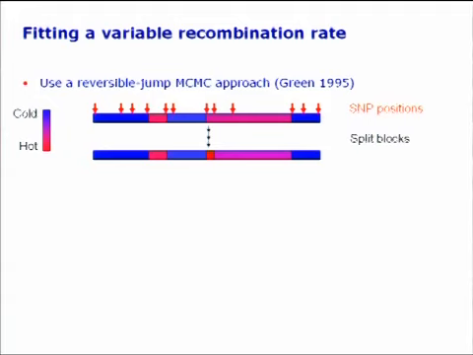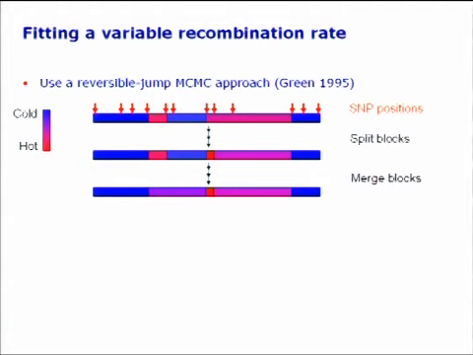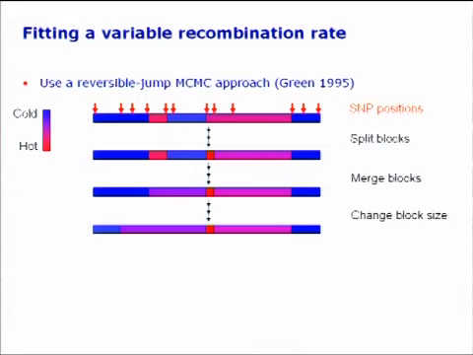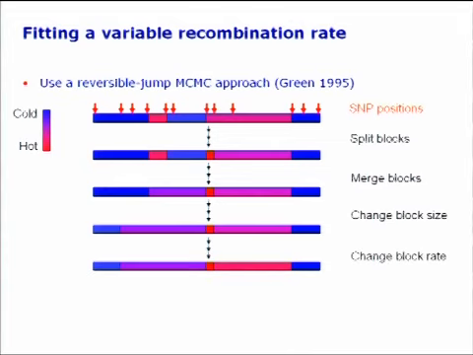For example, I might take a region that I've got here as a single piece, and I might split it into two. Or I might take two blocks and merge them into one. Or I might change the size of a block, or I might change the block rate, so increase the recombination rate in there.